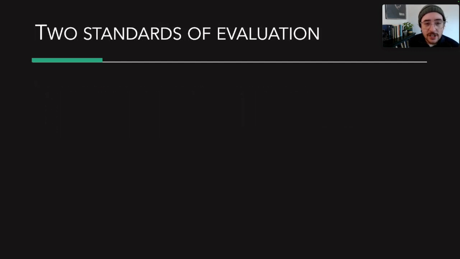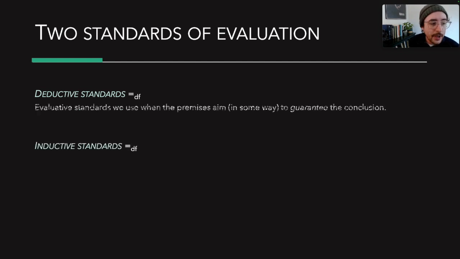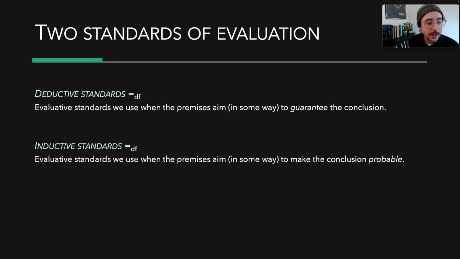And so to do this, we can distinguish between two kinds of standards of evaluation. There are deductive standards and inductive standards. So the deductive standards are the evaluative standards we'll use when the premises aim in some way to guarantee the truth of the conclusion. But inductive standards are the evaluative standards we'll use when the premises aim in some way to make the conclusion probable.